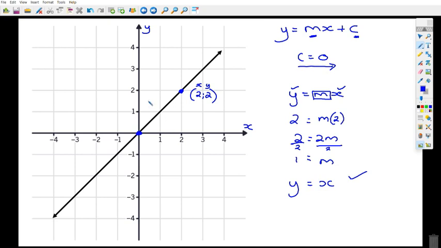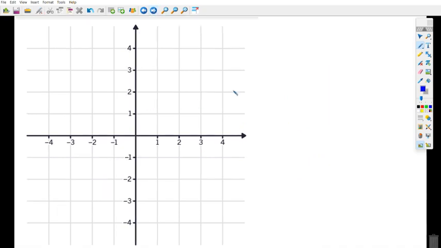Alright, so if I now give you something like this, if I say go and find the equation of this graph over here, let me just adjust a little bit.